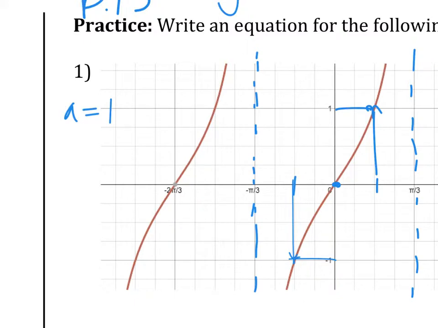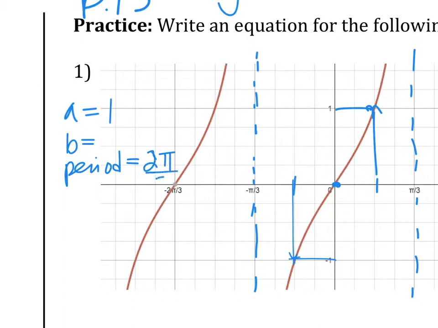The next thing you want to do is figure out B. B has to do with period. What is the period of this tangent? How long does it take for one cycle to finish? 2 pi over 3.